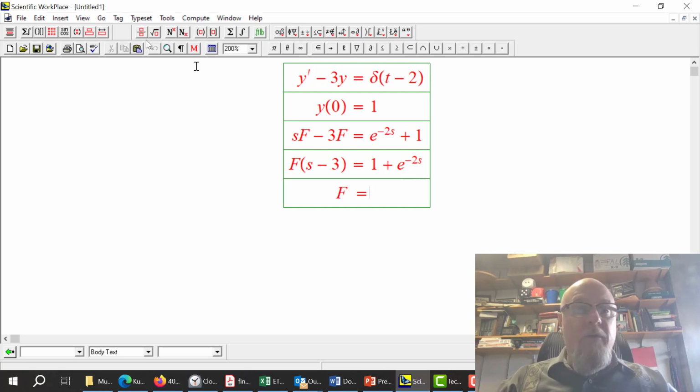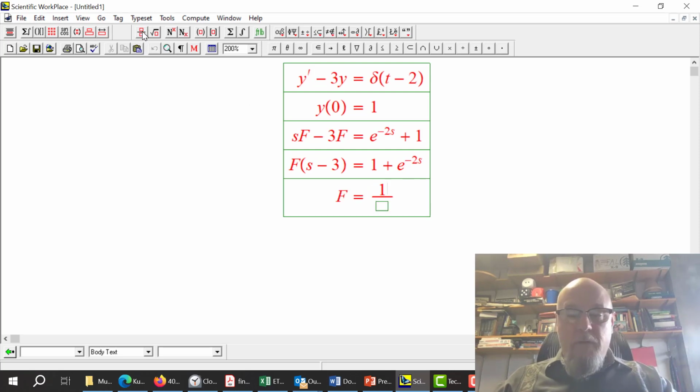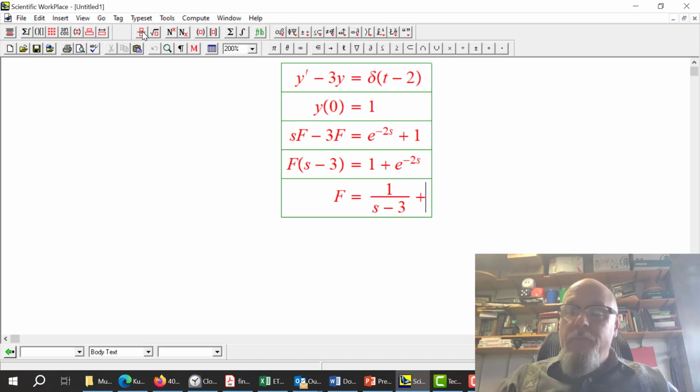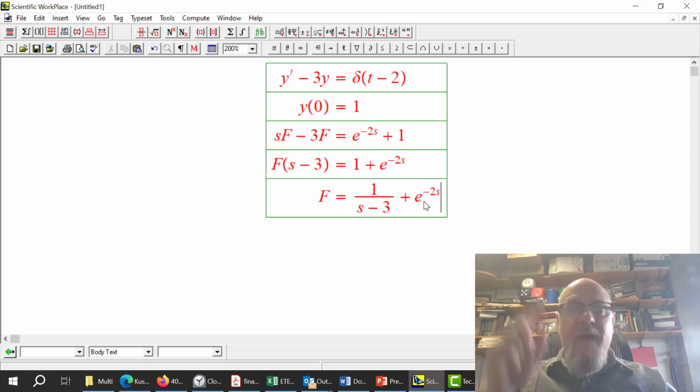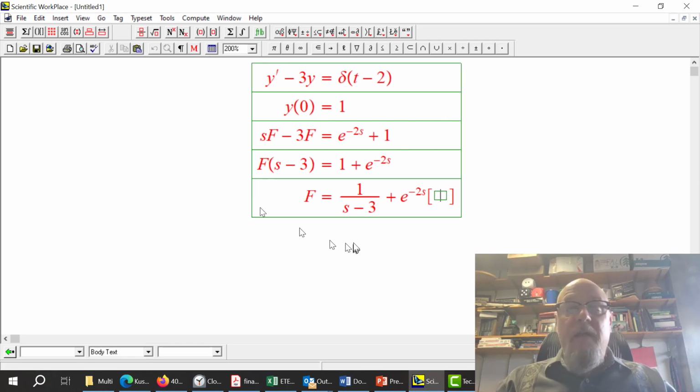So F equals 1 over s minus 3 plus, now I'm not just going to divide this e to the minus 2s by s plus 1. What I want to do to match the pattern is square bracket 1 over s plus 1.